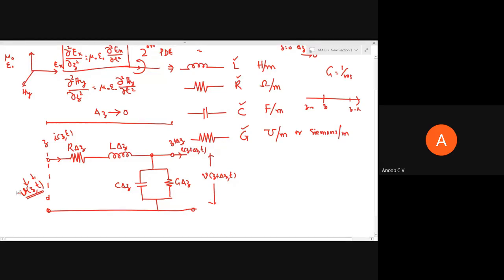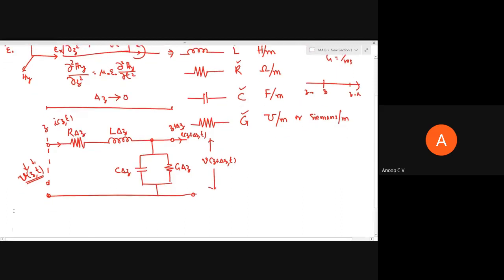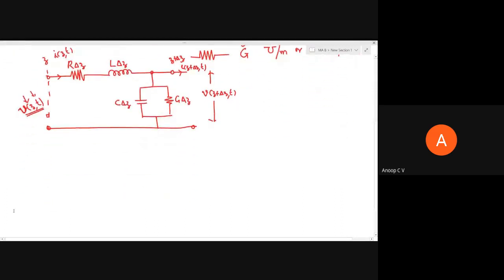Now, what we have to do is obtain the transmission line equation, just like the wave equation we obtained. It has to be a second order partial differential equation, upon solving which we will get V and I as functions of z and t, if it is real instantaneous.